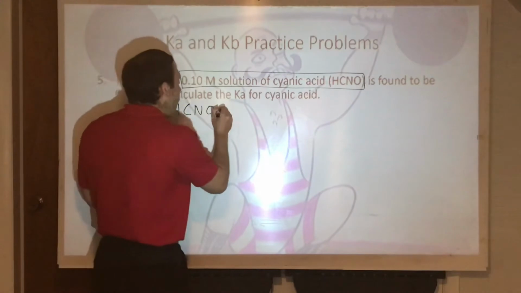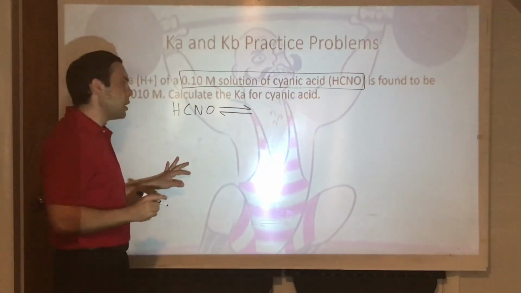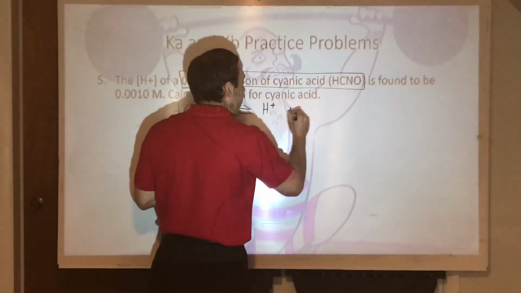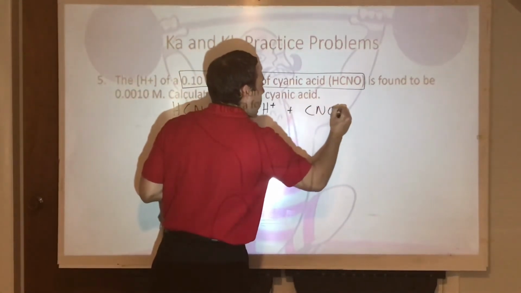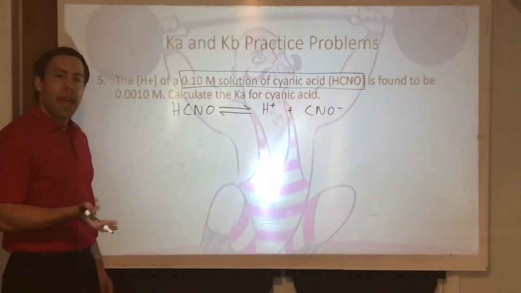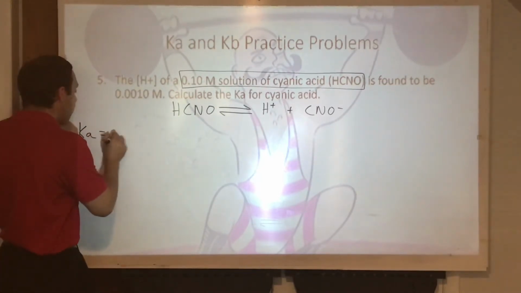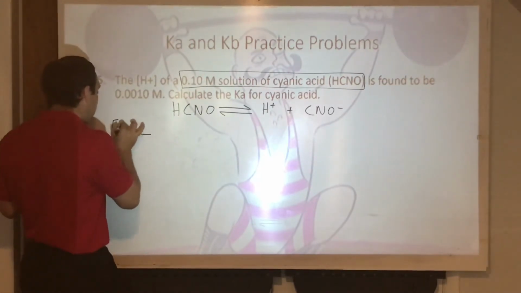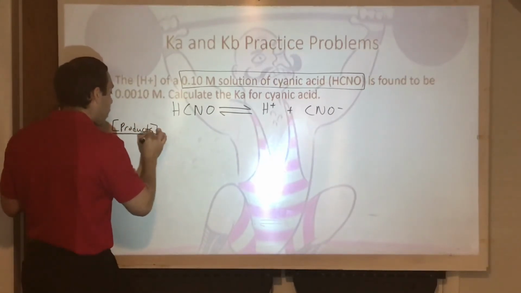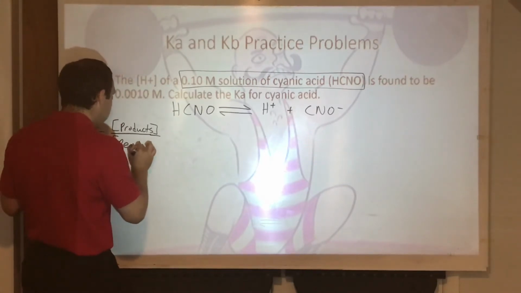We draw a double arrow because cyanic acid is a weak acid. And that will dissociate into H plus and CNO minus. When we write the Ka, the dissociation of the acid, that is equal to the concentration of the products over the concentration of the reactants.